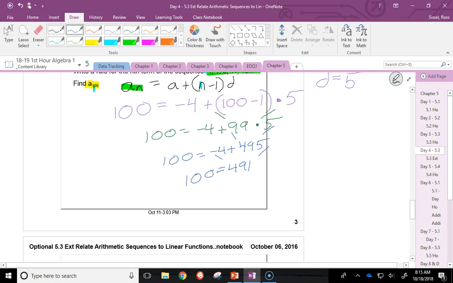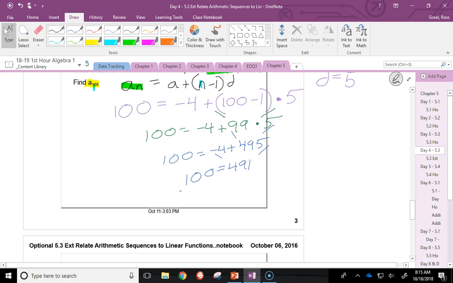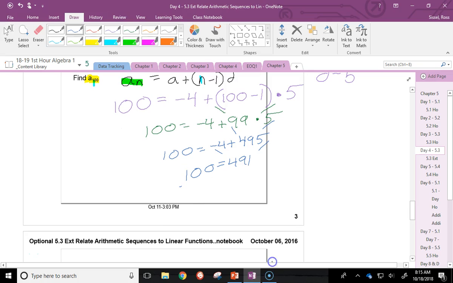What am I forgetting on here though? I feel like I forgot something. Oh! Because I don't have to write 100 in here. It's the 100th term, so I'm really solving for this.